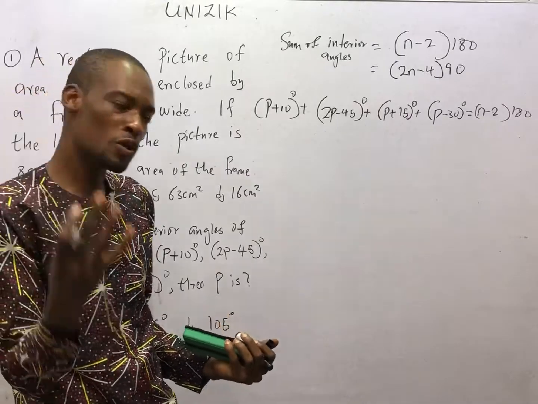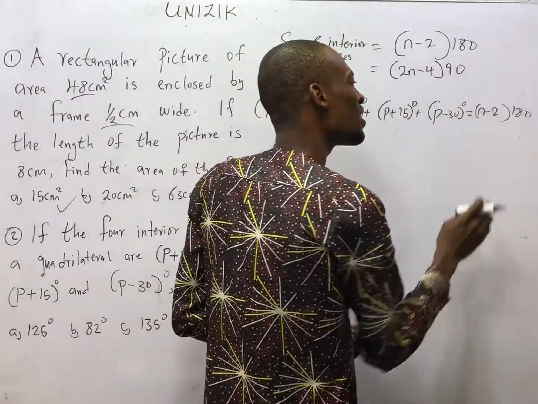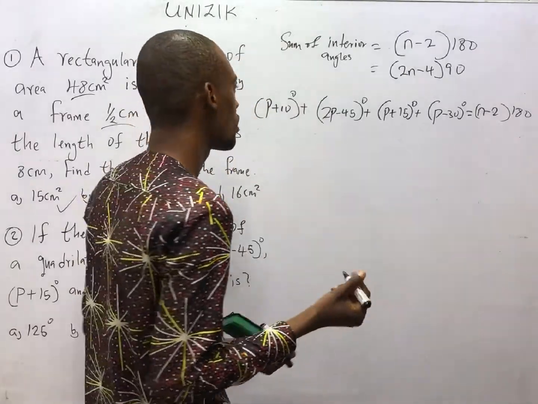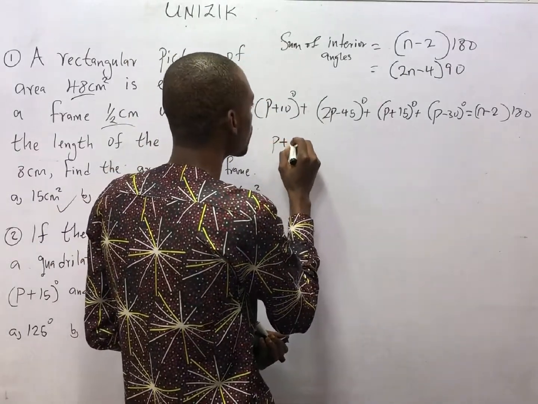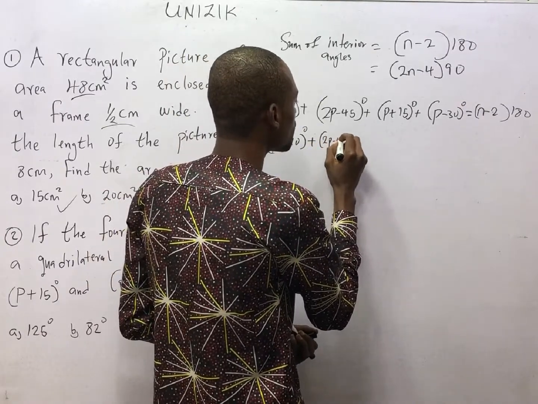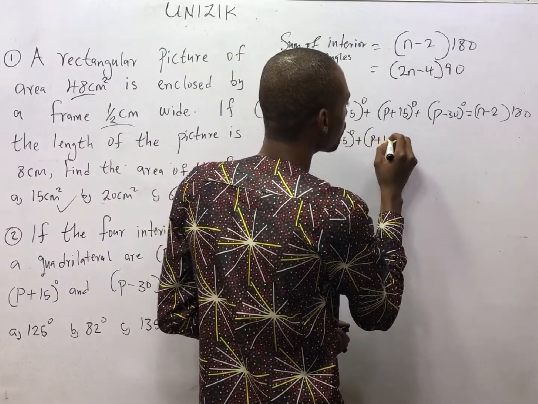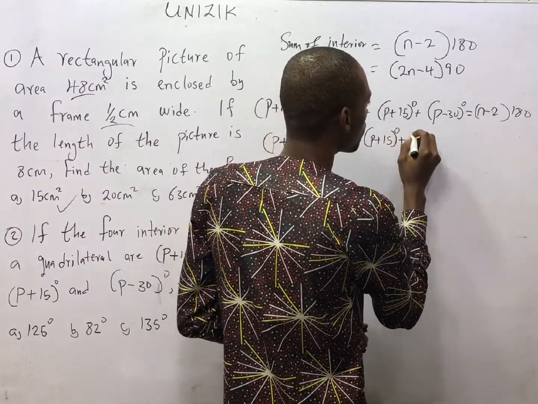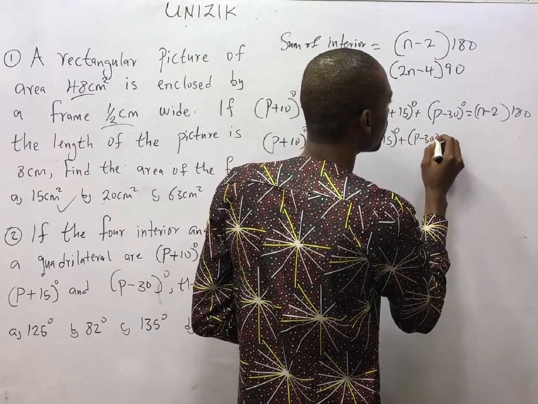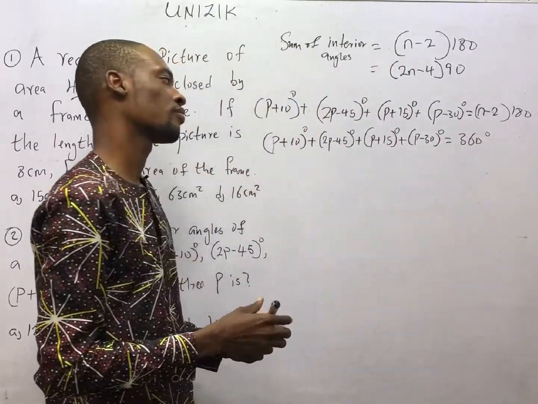This implies that p plus 10 degrees plus 2p minus 45 degrees plus p plus 15 degrees plus p minus 30 degrees is equals 360 degrees.